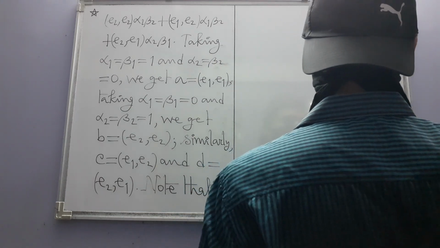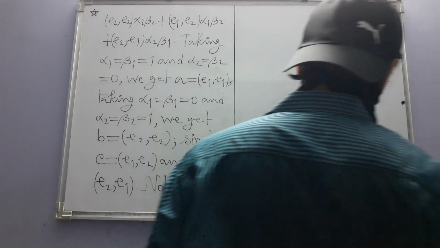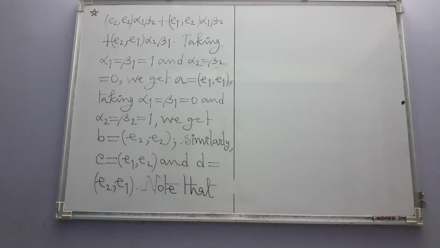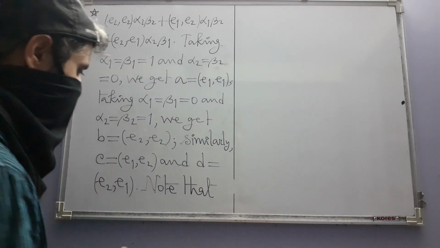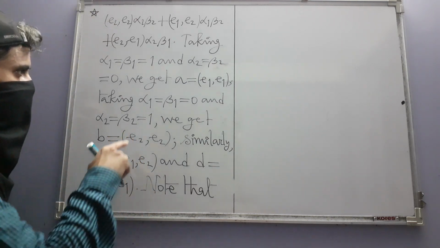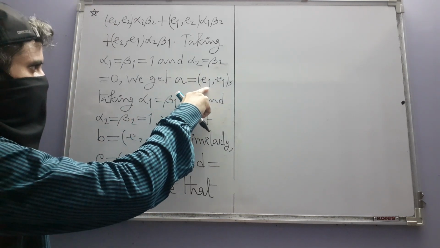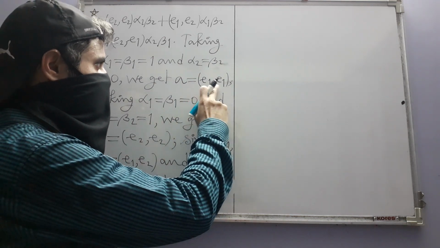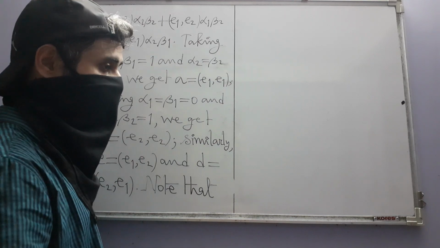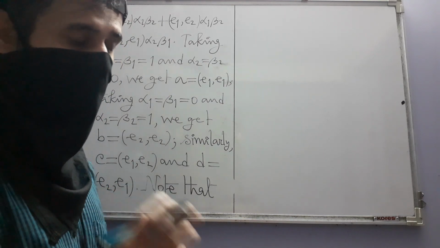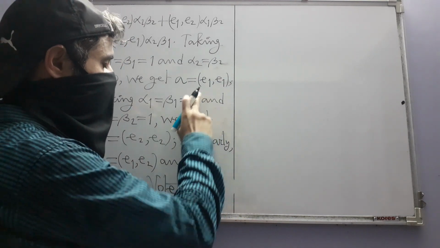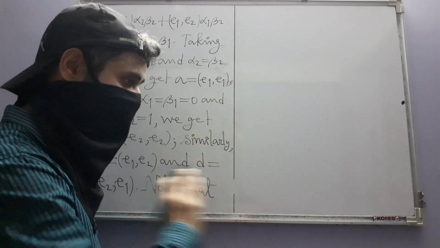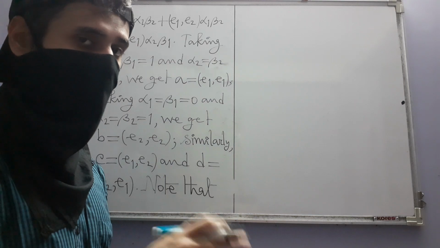Now, what kind of consequences can we have from these relations? First of all, note that A is this inner product. Now we know what this inner product is. And one more thing, keep in mind, this is not the standard inner product on R2.